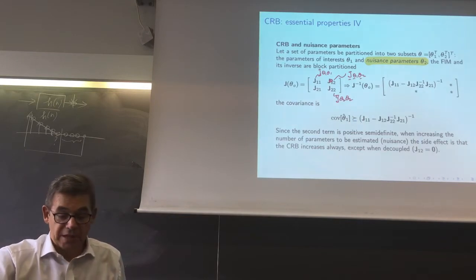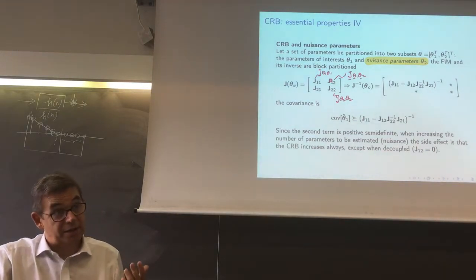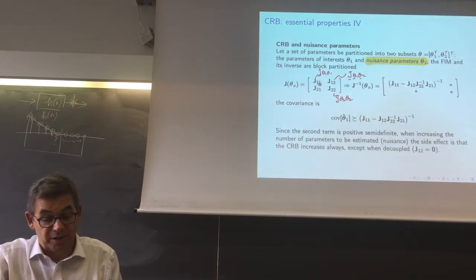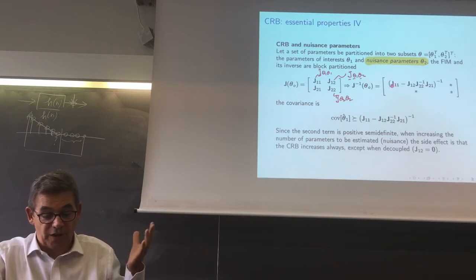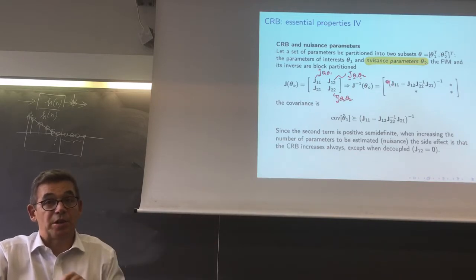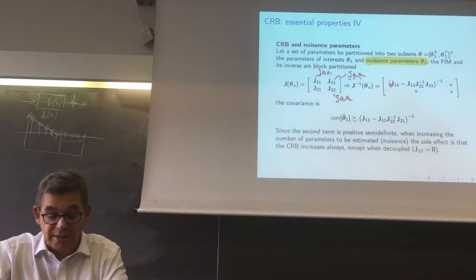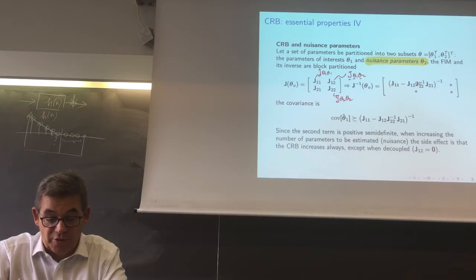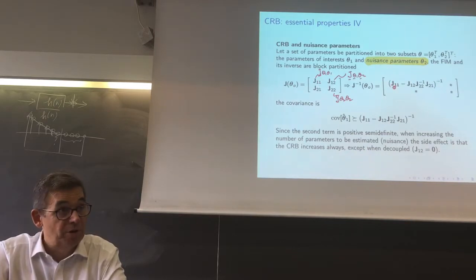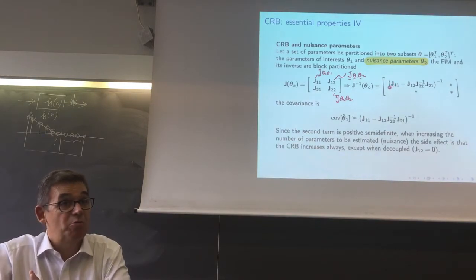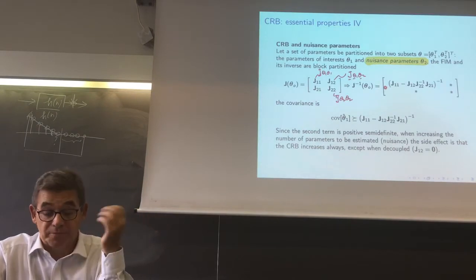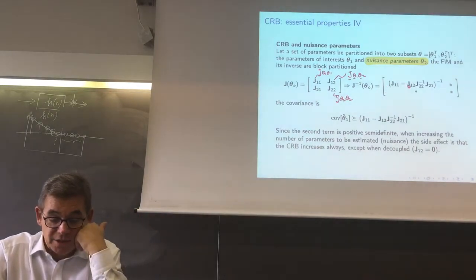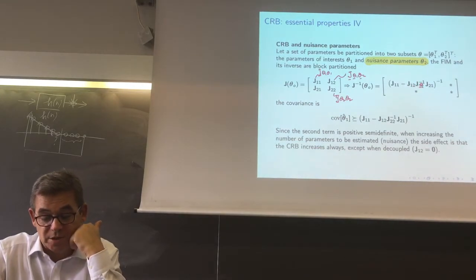Now, if I calculate the Cramer-Rao bound, which means computing the inverse of that matrix, then going to the algebra, I can see that inverting this matrix is equivalent to finding the first block, which is J11, the Fisher information matrix term that I'm interested in, minus J12 J22 inverse J21.